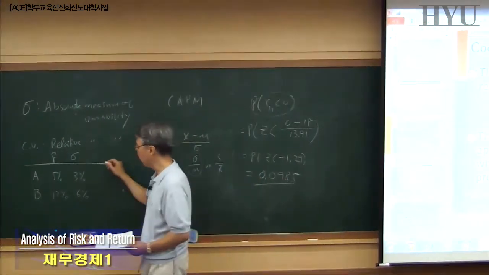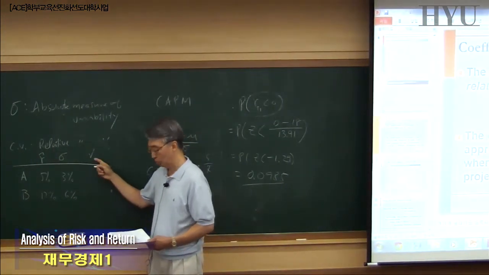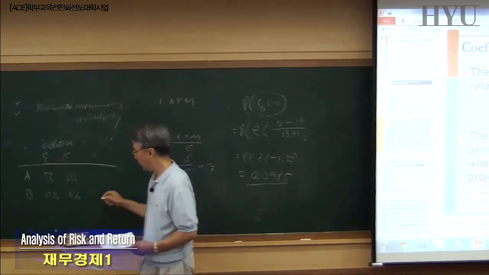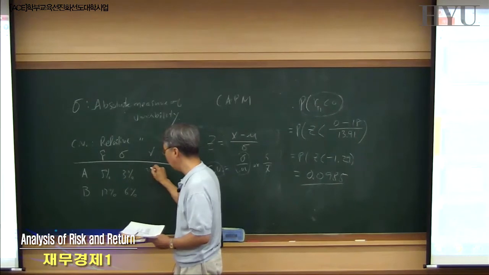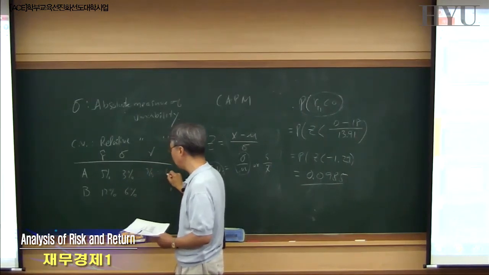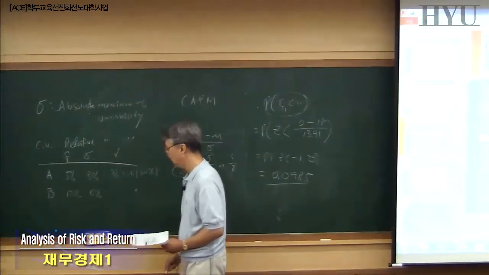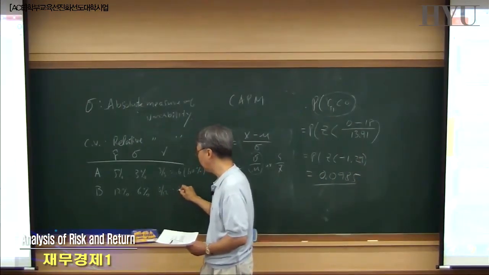But when you calculate CV, in our textbook they just use V for coefficient of variation, that's 3 over 5, which is 0.6 or 60%. And this is 6 over 12, which is 0.5 or 50%.